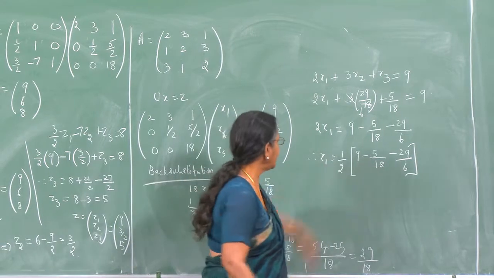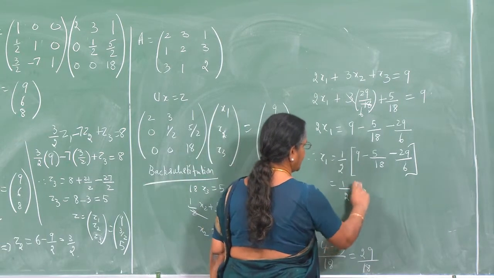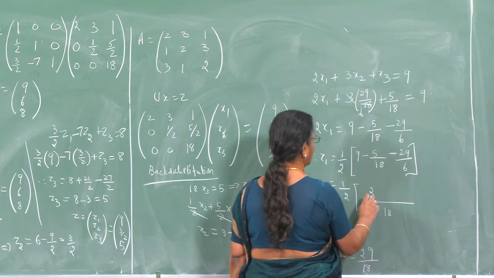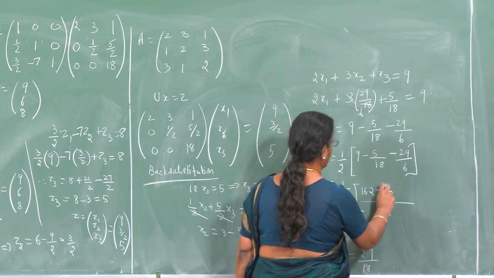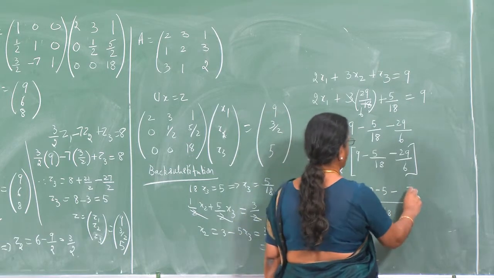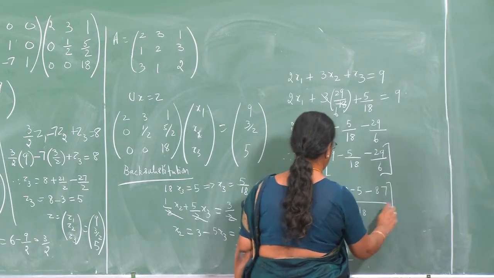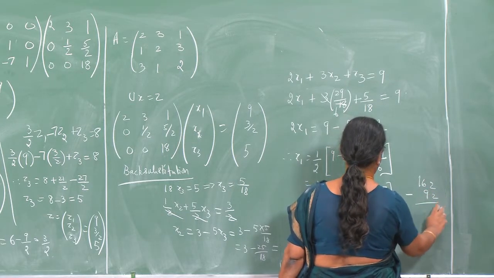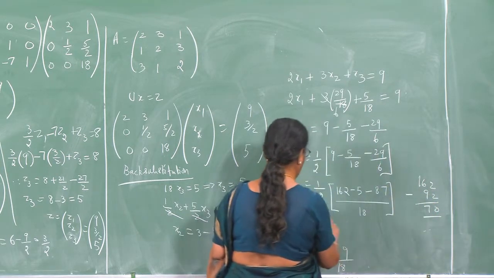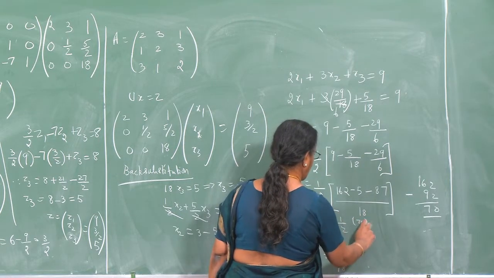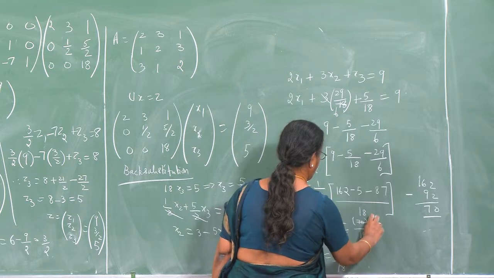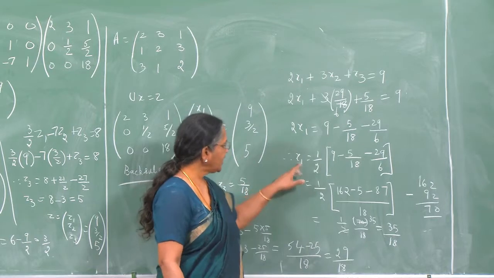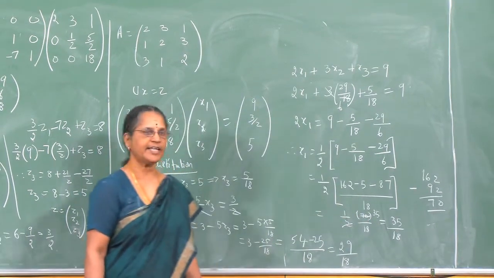So, let us simplify this and obtain what x1 is. And we see that x1 is equal to 35/18.